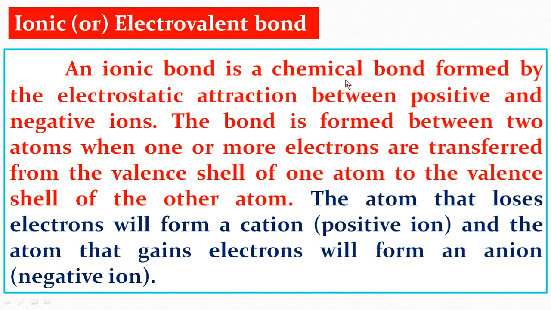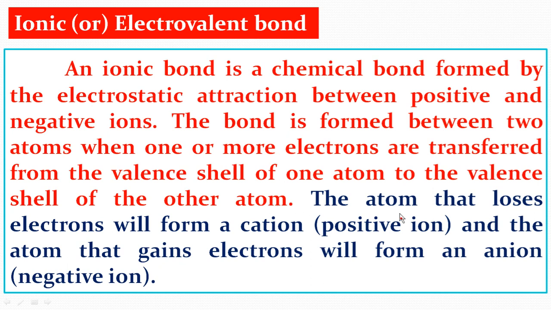So, an ionic bond is a chemical bond formed by the electrostatic attraction between positive and negative ions, plus and minus ions. The bond is formed between two atoms when one or more electrons are transferred from the valence shell of one atom to the valence shell of the other atom.